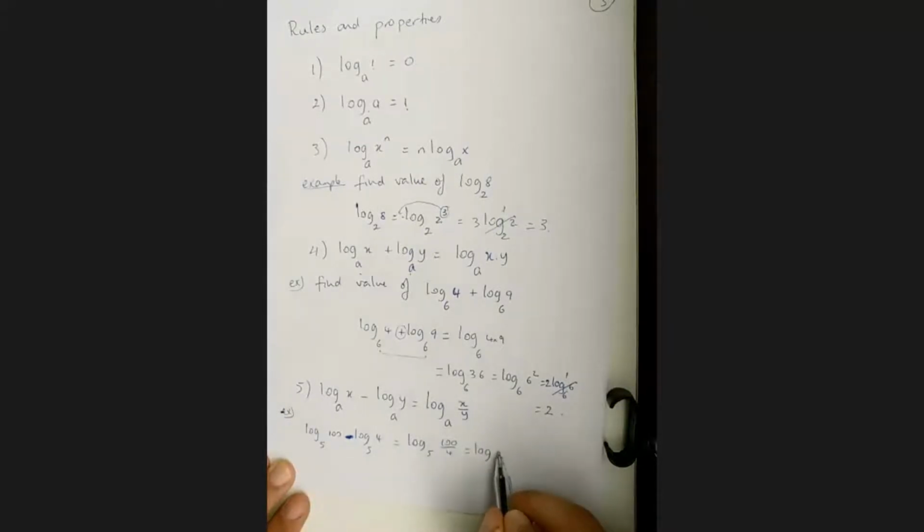That is logarithm of 25 to base 5, which is equal to logarithm of 5 squared to base 5, which is 2 times logarithm of 5 to base 5, which is equal to 2.